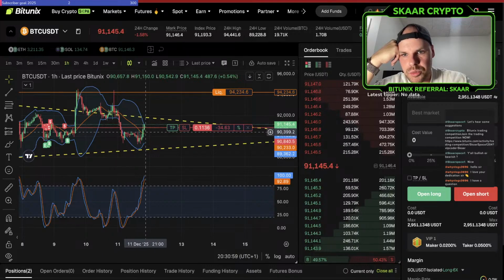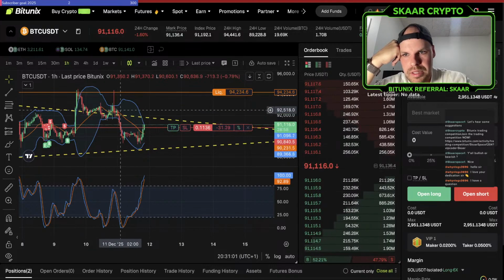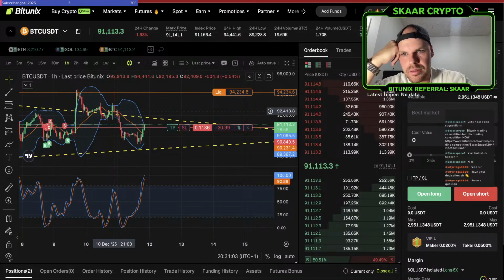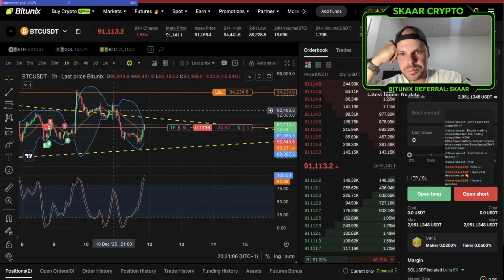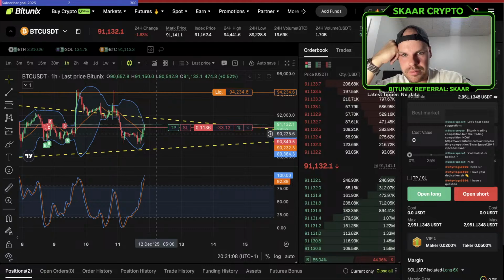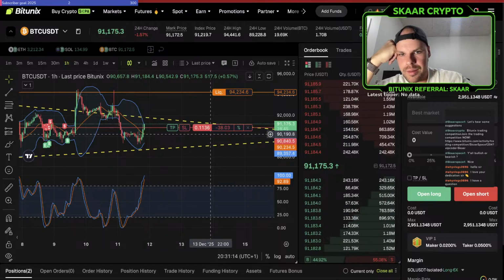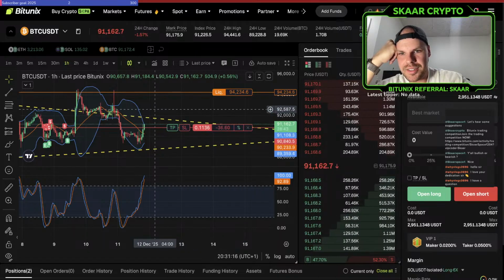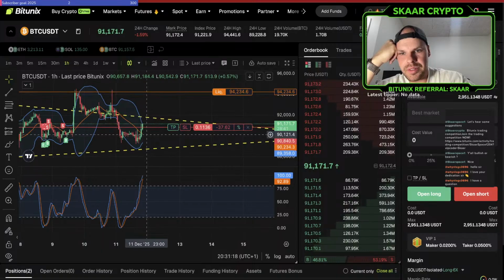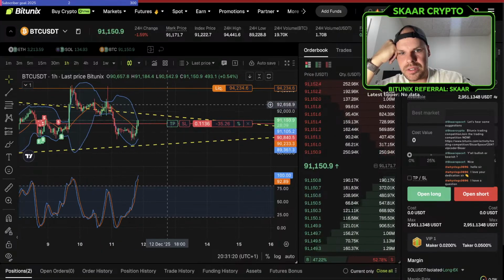And if this is the next range zone, maybe set up like this, not exactly, but similar to this, we could even go to 92k and then break down. And I know I'm risking it. It's gonna be a bad session today. If I just close this, or if I don't even take a stop loss, it might be a very bad session.